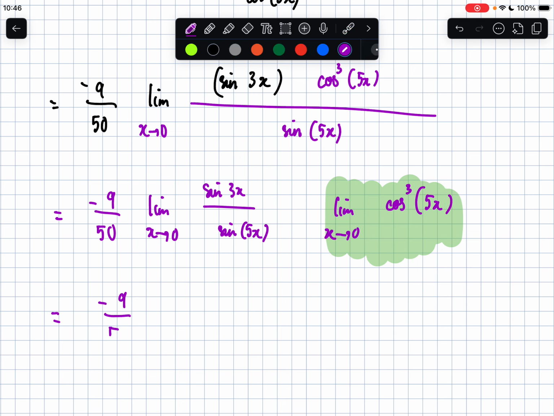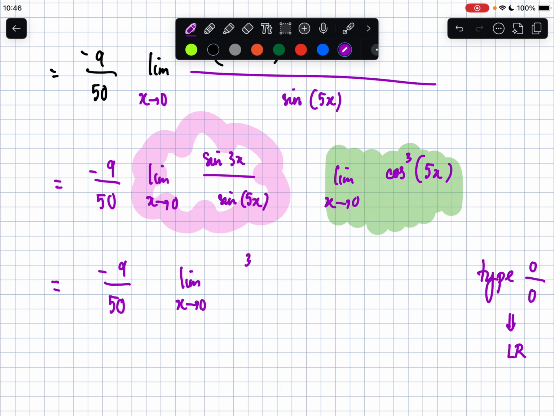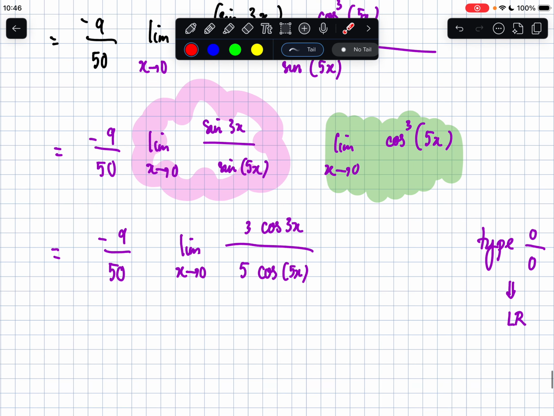Minus 9 over 50, these factors, you have x tends to 0, sine 0 over sine 0, 0 over 0. So type is 0 over 0. We do L'Hopital rule one more time for these factors. Limit x to 0 of the derivative of sine: 3 times cosine 3x over 5 times cosine 5x, multiplied by 1.